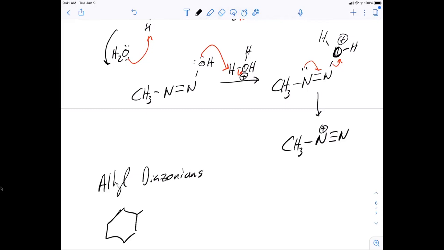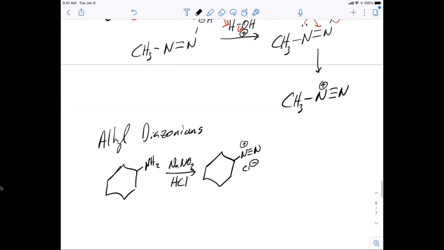Turns out that alkyl diazoniums aren't overly useful because they're not very stable. Okay, so this alkyl group, right, that decomposes really quickly to form the carbocation.